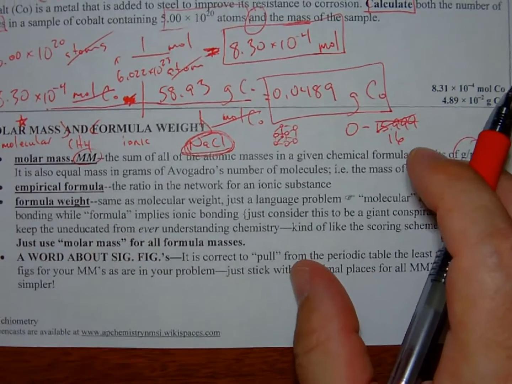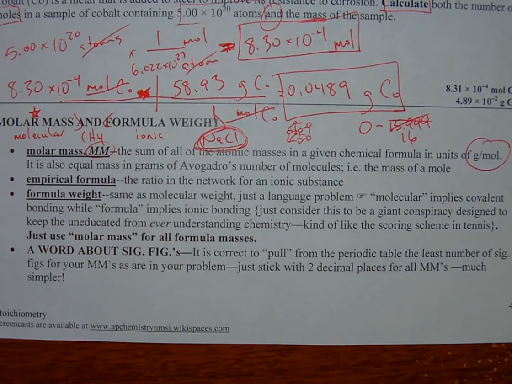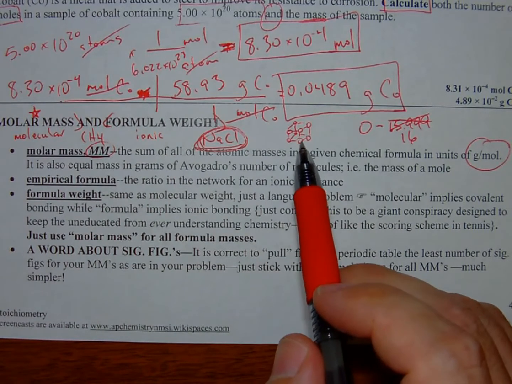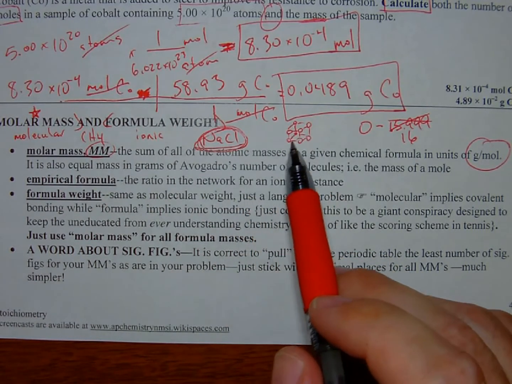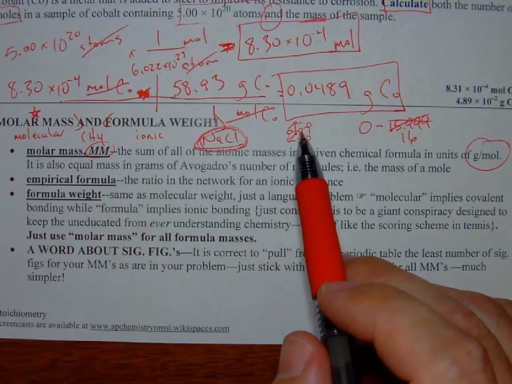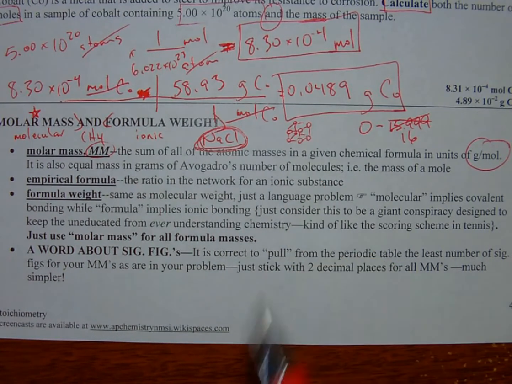Empirical formula is the ratio in a network of an ionic substance. So going back to our image of this ionic crystal right here, the NaCl. So we have Nas and we have Cls. And we have a whole bunch of them. We have millions, if not billions, probably trillions of Nas and Cls.